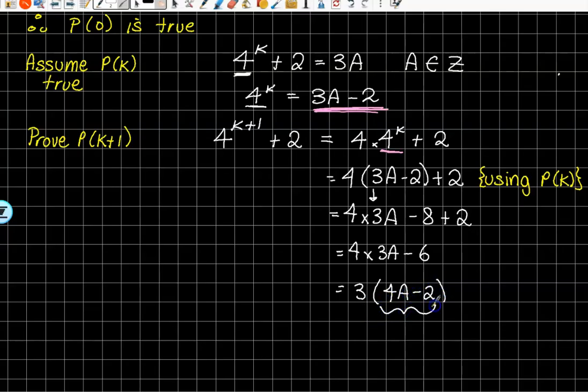And because this is an integer, and why is it an integer? Because a is an integer, and you're timesing everything else by integers. Therefore, pk plus 1 is true.